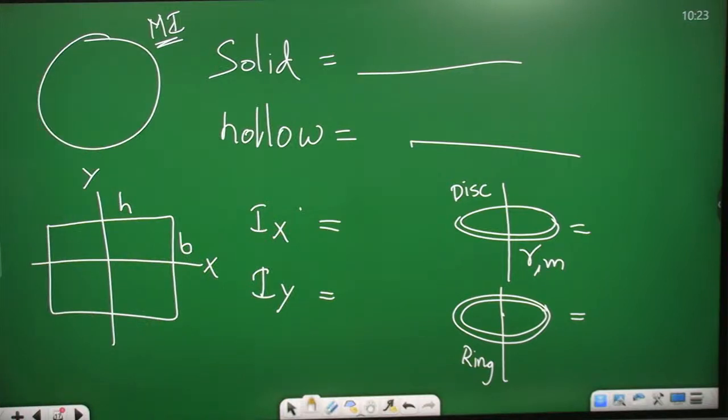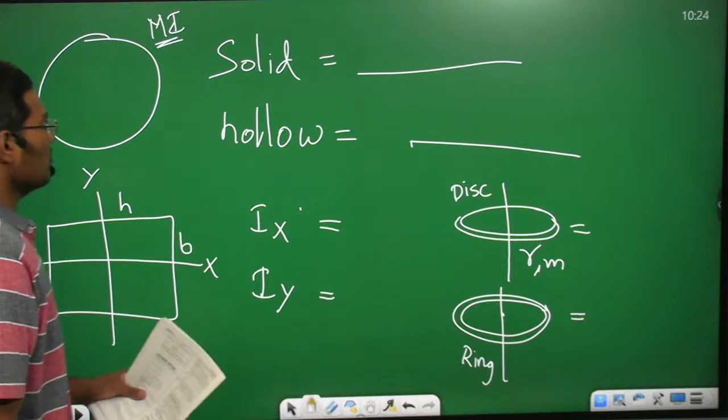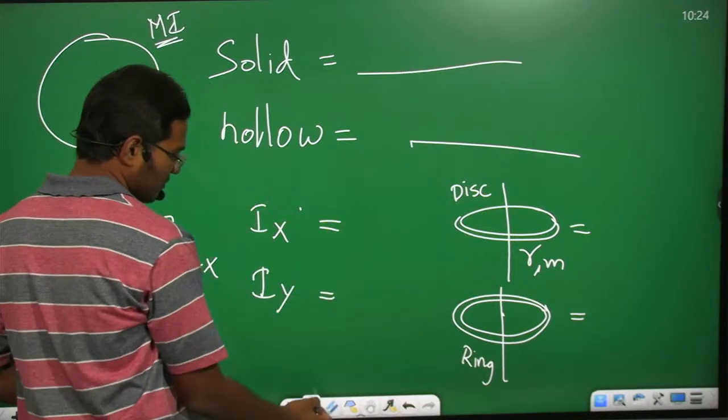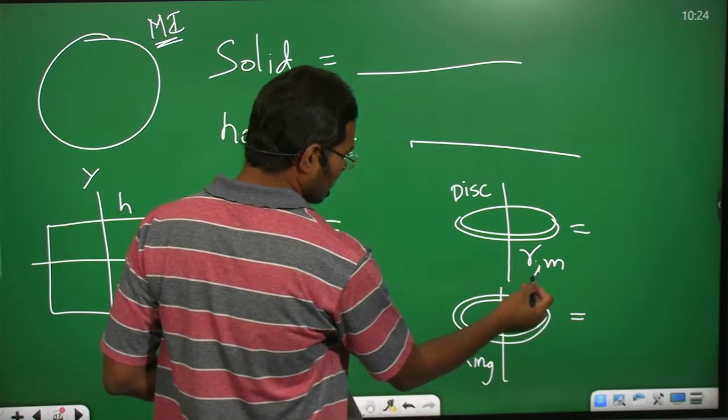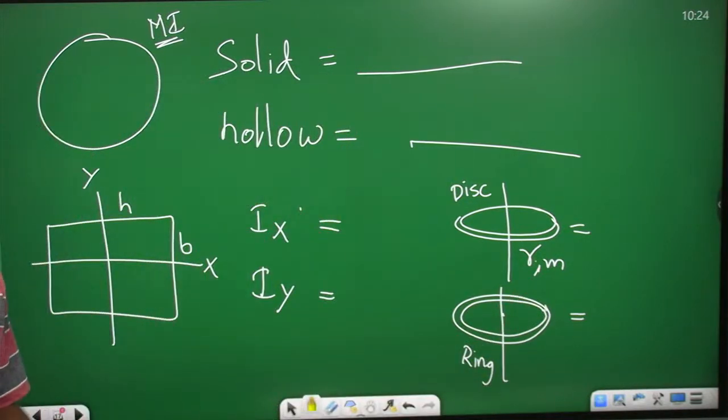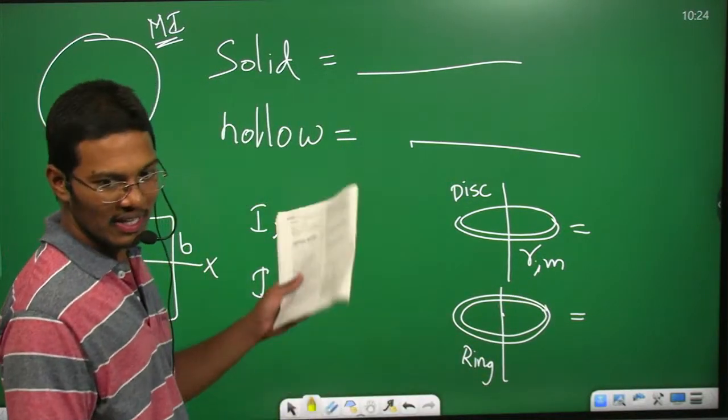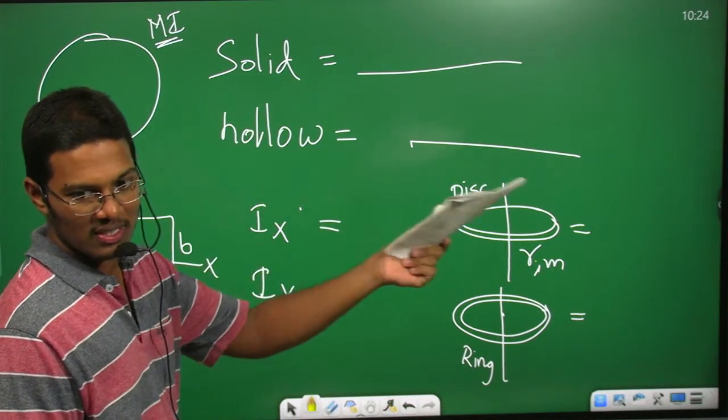We have 6 blanks in total. Okay, we have Mr. Sahit. He is doing right. So for solid sphere it is... You can expect a direct question like in your TS EAMCET, 1 mark out.